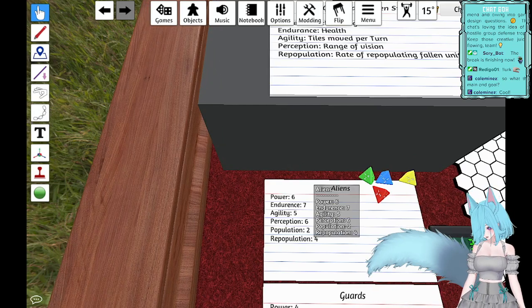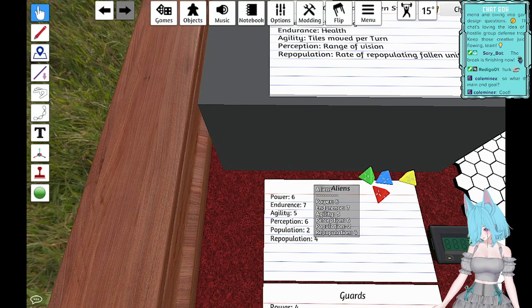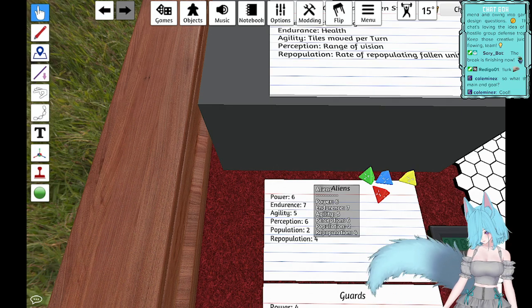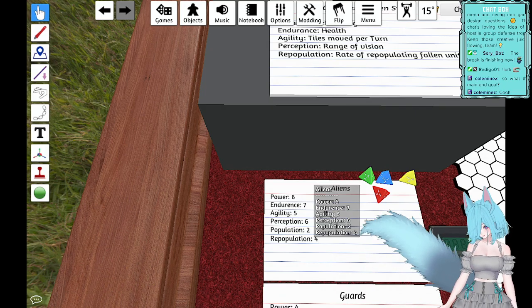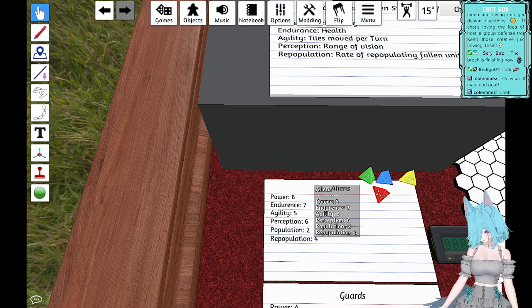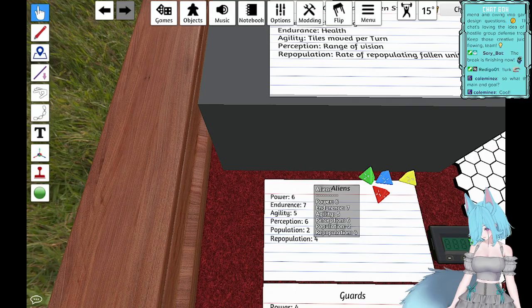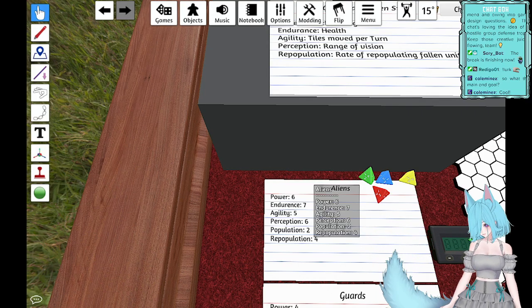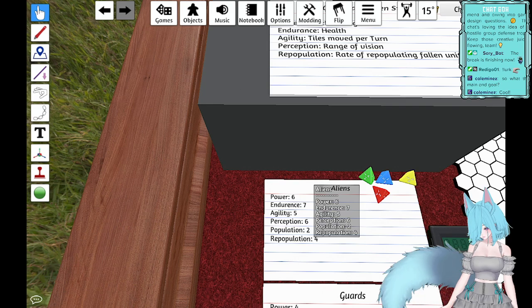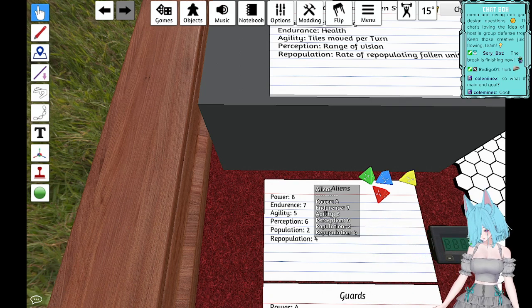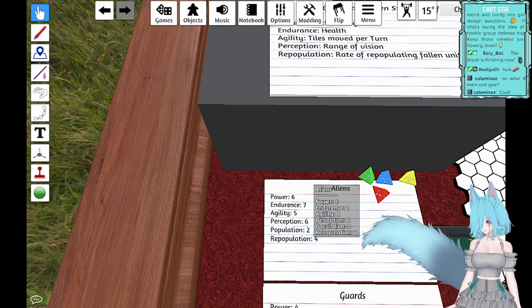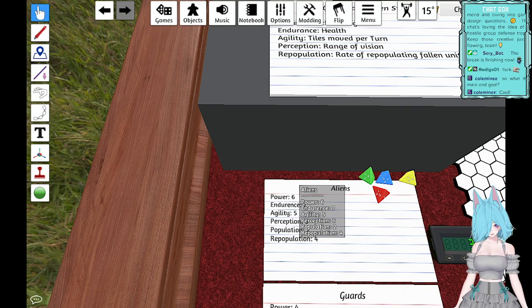So, let me calculate. 6 plus 7 plus 5 plus 6, divided by 4. So they now have a repopulation of 6.